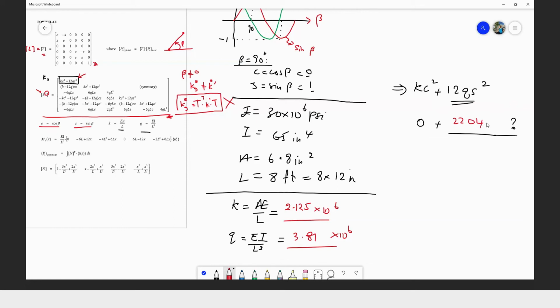EI over L power of 3. Q adalah yang ni lah. Kita bahagi EI dengan L power of 3 kan? Betul. So kalau saya kira saya dapat 2204.05. Okey. Betul Syafiq?